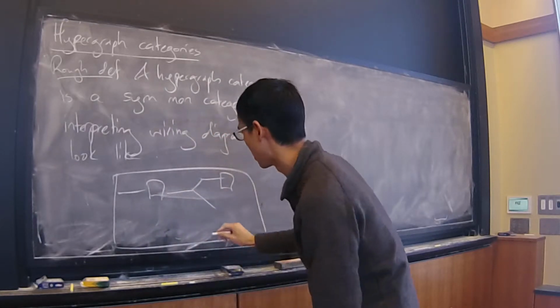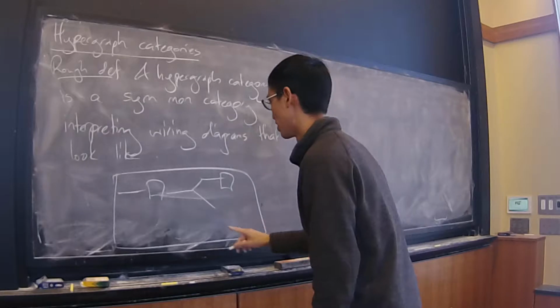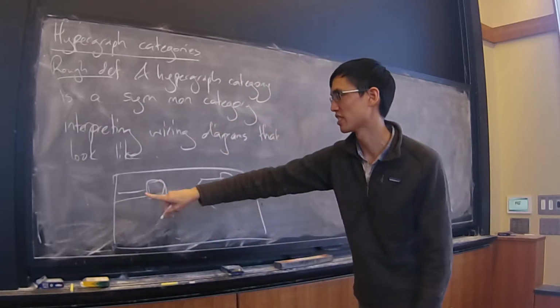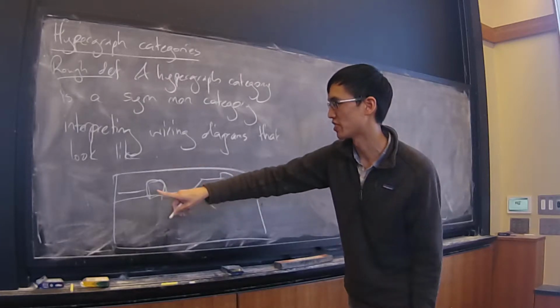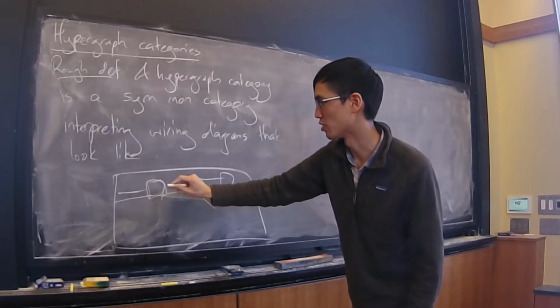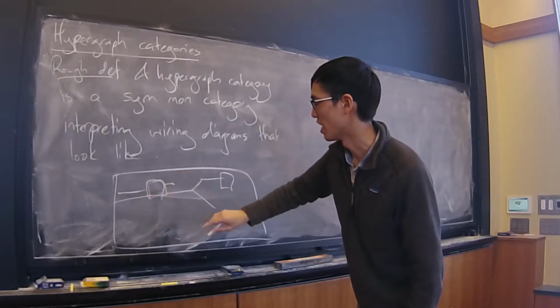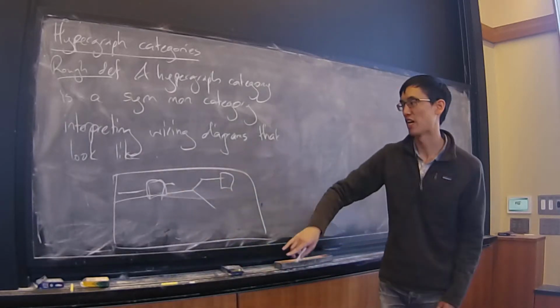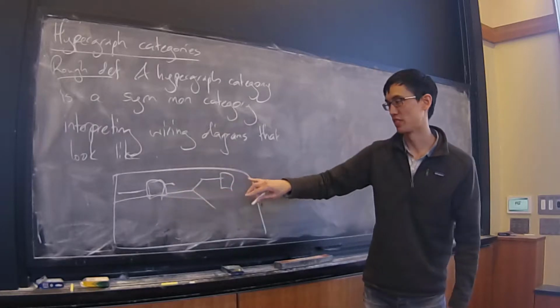So what are we allowed to do in hypergraph categories? Remember, in a symmetric monoidal category we have these boxes. We can construct new morphisms by taking a morphism which has multiple inputs and multiple outputs and then connecting them up. In the plain symmetric monoidal category we just have to connect inputs to outputs.